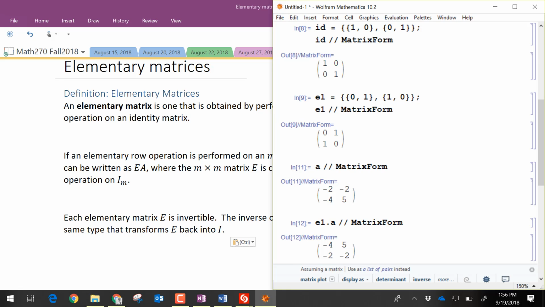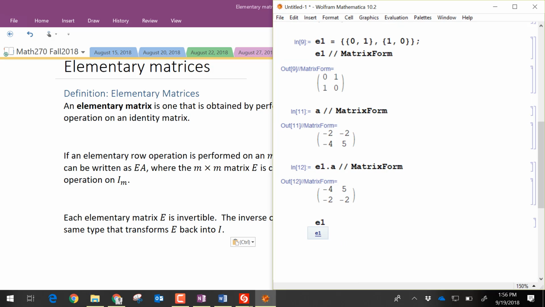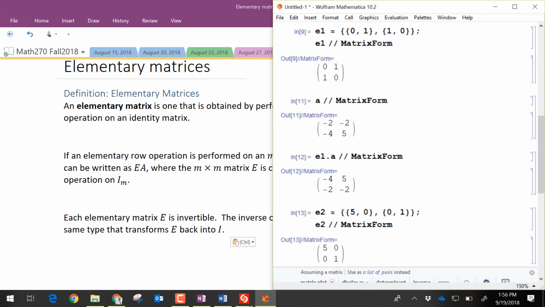If we multiply your identity matrix, let's say E2 is equal to, let's say we multiply the first row of the identity matrix by 5. So this is the identity matrix, and we multiplied the first row by 5.